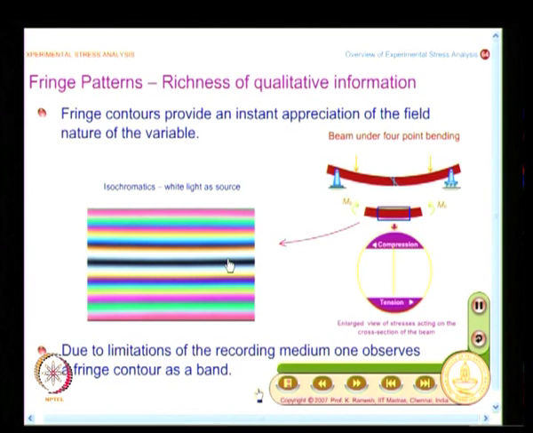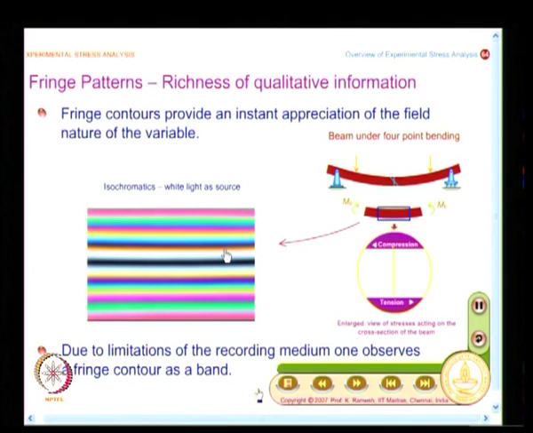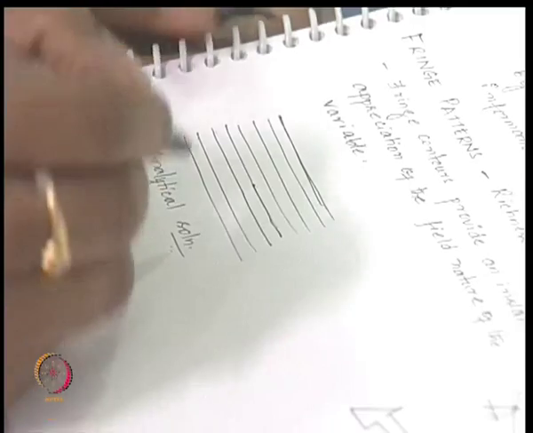It is also easy to identify how the gradient information changes, whether it is increasing in this direction or decreasing in this direction. You can find out whether the color sequence is repeating in a particular fashion, then you can identify positive gradient and negative gradient.